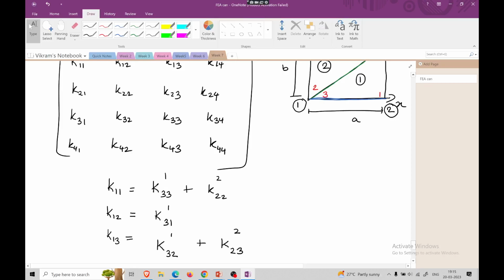Okay. So if we now make the large matrix, it will be 4 cross 4. We have evaluated all the terms, at least symbolically we have written all the terms.